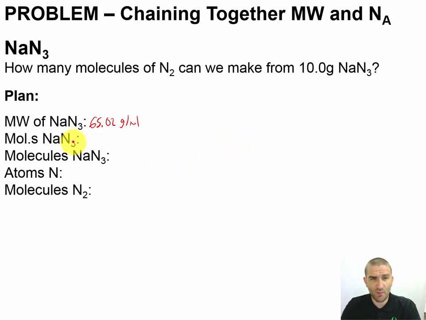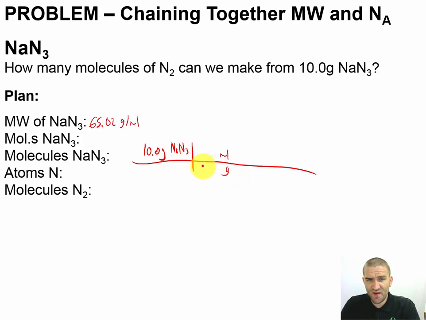Next up, I've got to determine the moles of NaN3. So I have 10.0 grams of NaN3. That looked a little like a 6, so let's fix it. There we are. So I need to get rid of grams. I need to get into moles. Now I've got 65.02 grams in 1 mole.